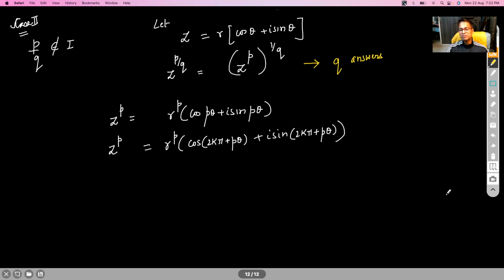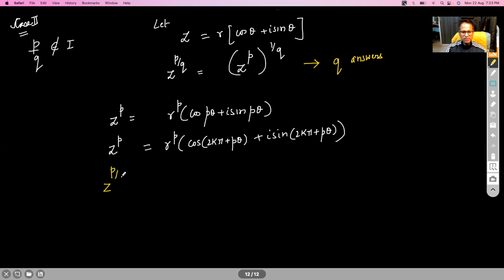Now what is the benefit of doing this? First of all, the expression doesn't change. But I will end up getting my Q answers adjusted here. We'll see how.